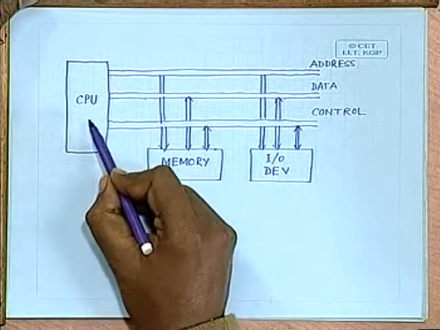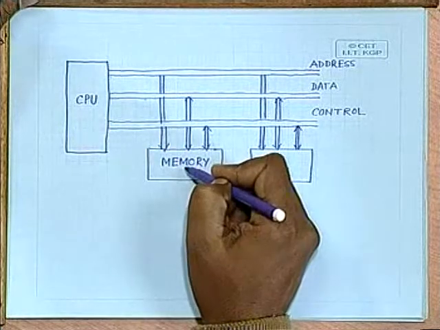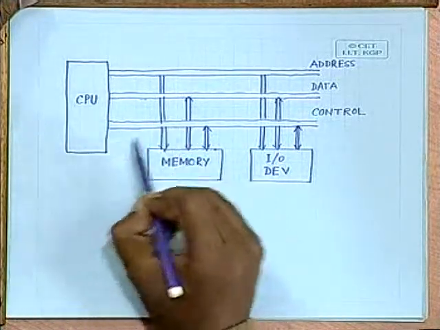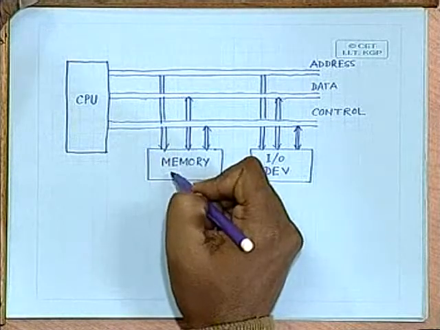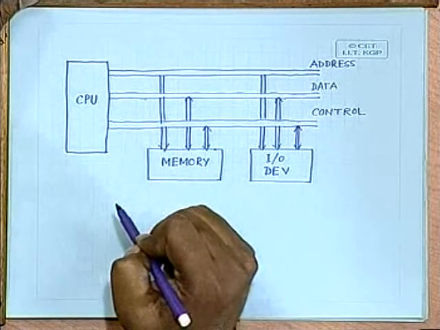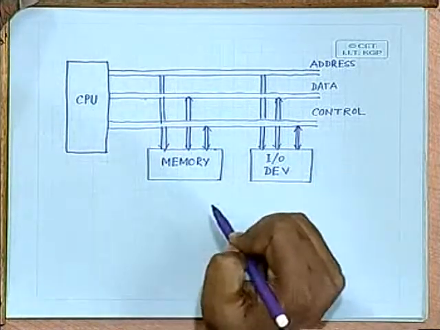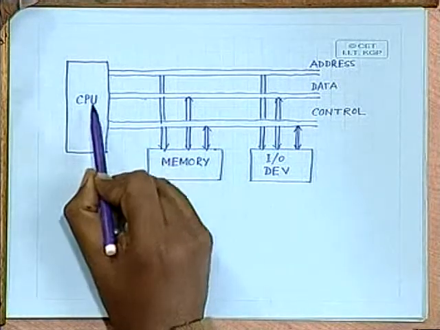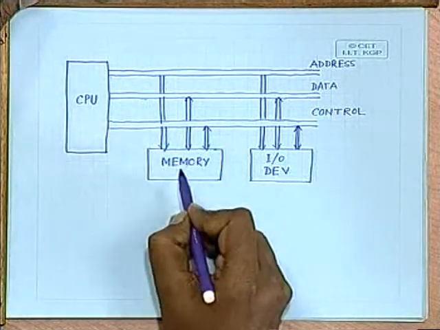Similarly, whenever the CPU wants to write some data to any memory location, it is the CPU which will specify the address of the memory location to which it will write the data. Similarly for input output devices. So, addresses are generated by the CPU. Address is not generated by the memory, neither by the input output device.